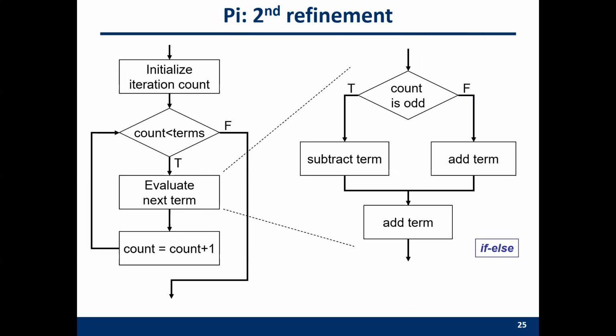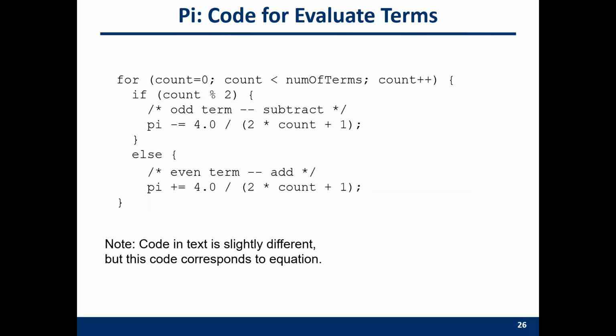So that's the reason why we need a counter. So we can write how to compute pi in this way by one for loop and one if else sentence.